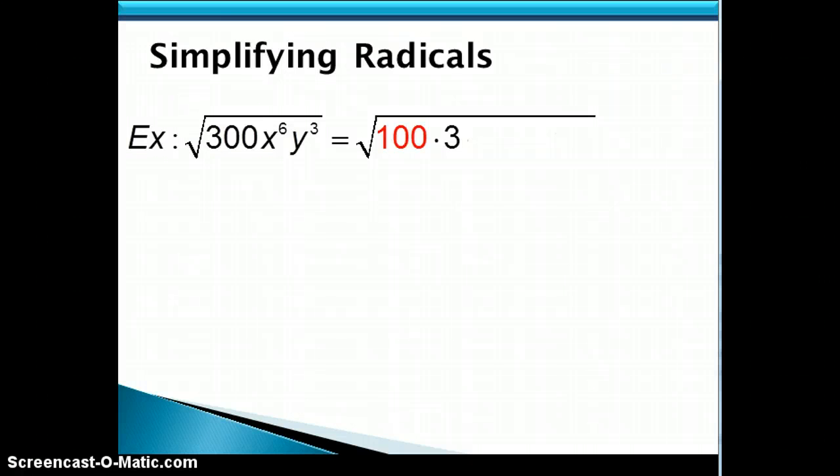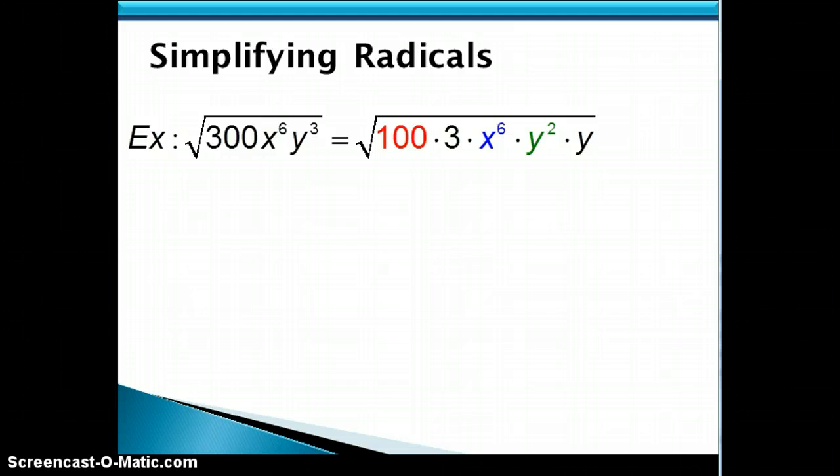Now if you look at the x to the sixth, that has an even exponent, so it's already a perfect square, so we're not going to split that apart. Then looking at the y cubed, since it's an odd exponent, we subtract 1 from that exponent, and that tells us the exponent on the biggest perfect square factor of y cubed, so that would be y squared, and the other factor would be y.